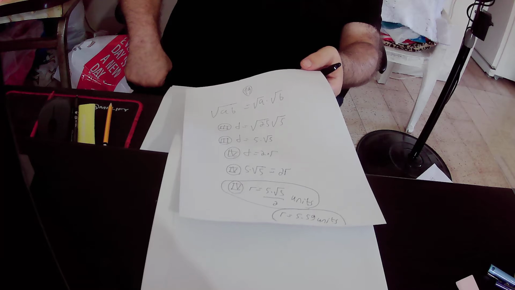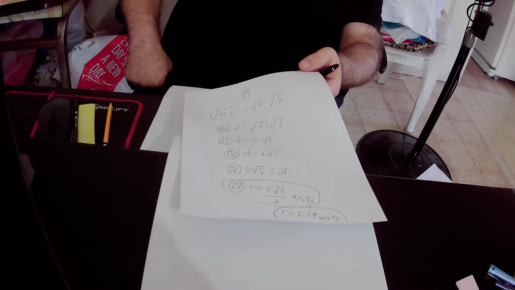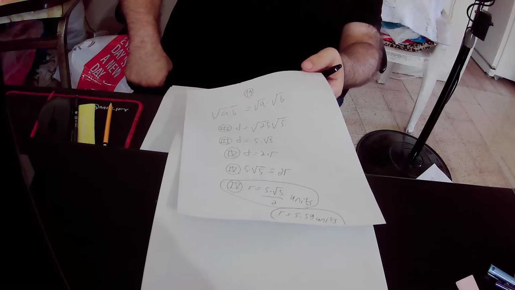So the radius equals 5.59 units, or 5 times root 5 over 2 units.